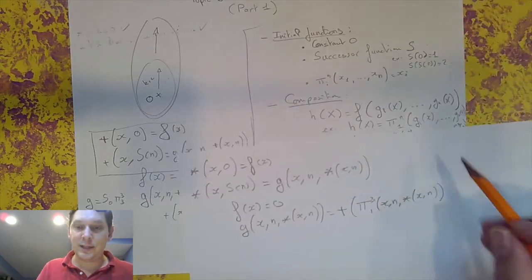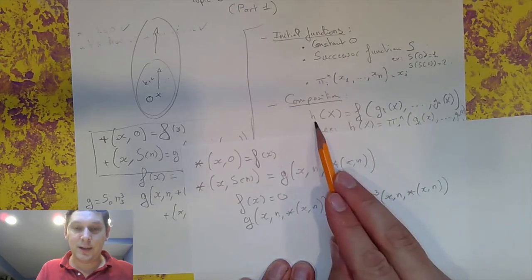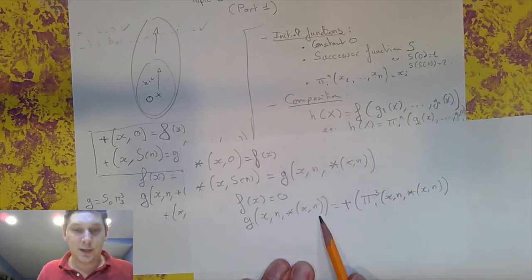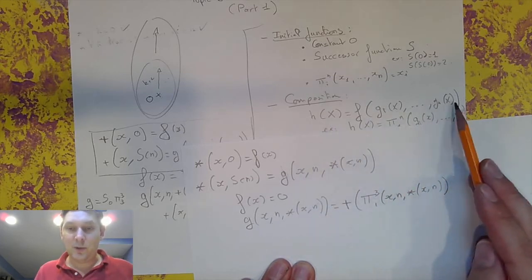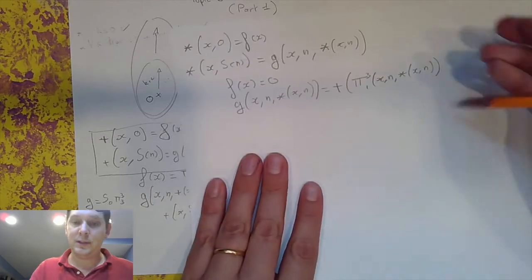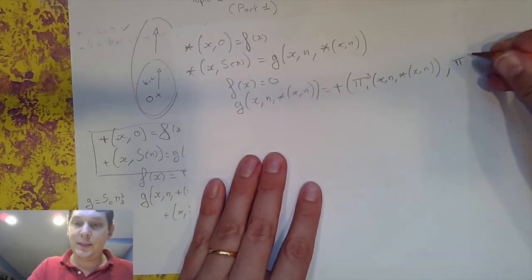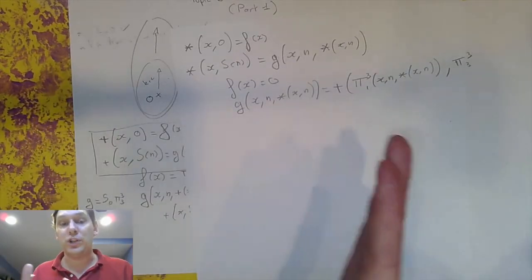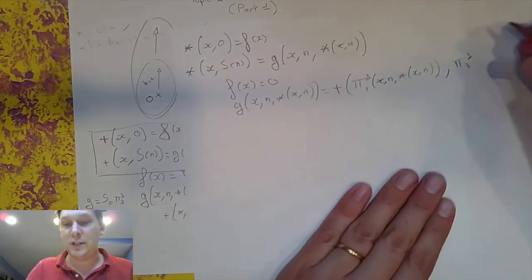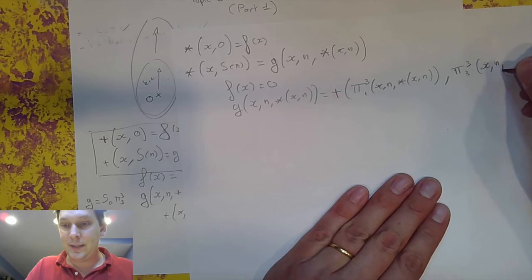As long as I reuse exactly the composition, if this is uppercase X, I have to reuse X in all the arguments here, right? And then p33. So I'm using 2 pieces in the argument through projection, x, n, star x n.